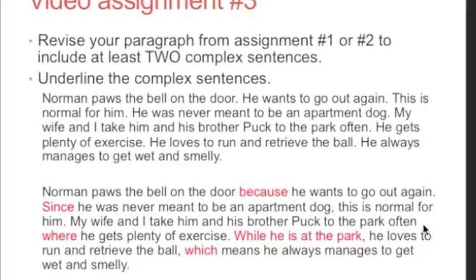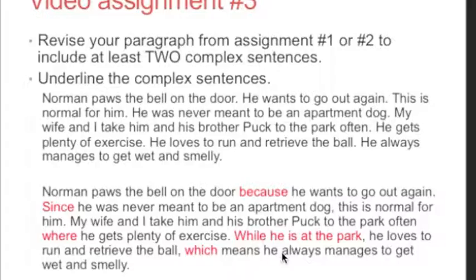Now, this isn't separated by a comma, so it makes it a little more difficult to recognize as a dependent clause. However, utilize what you know about dependent clauses. They have a subject, a verb, but do not express a complete idea. So if I were just to write where he gets plenty of exercise, it really wouldn't make any sense. Okay, so it depends on the independent clause that precedes it to gain its meaning.